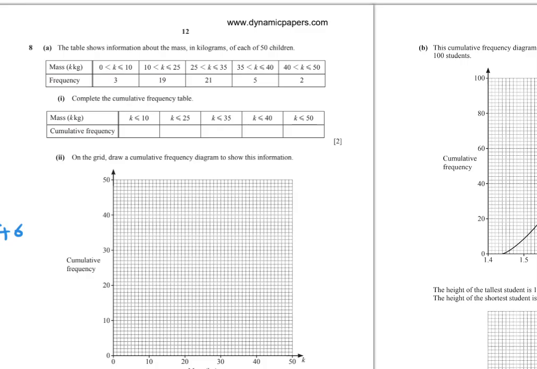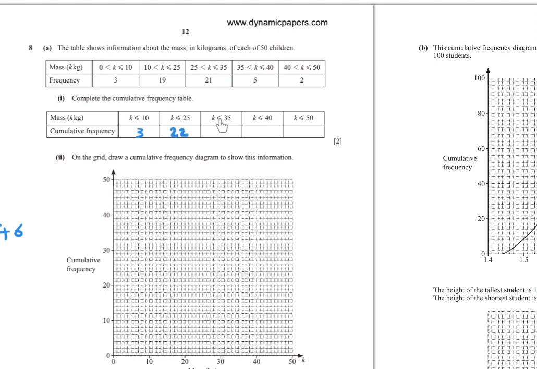Number 8. The table shows the information about the mass in kilograms of each of the 50 children. Complete the cumulative frequency table. K less than or equal 10, so 3. K less than or equal 25, so 3 plus 19, because less than 25 means this interval and that one, so you need to add. 19 plus 3, 22.